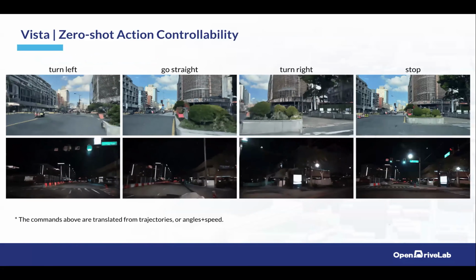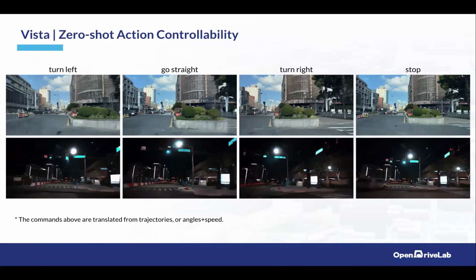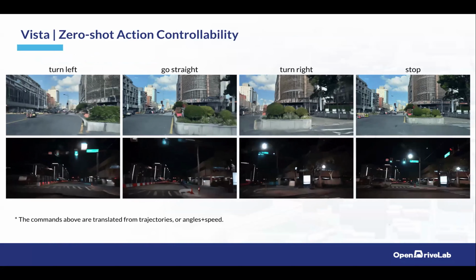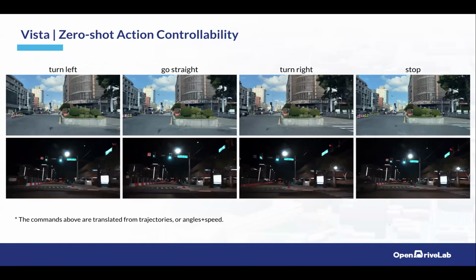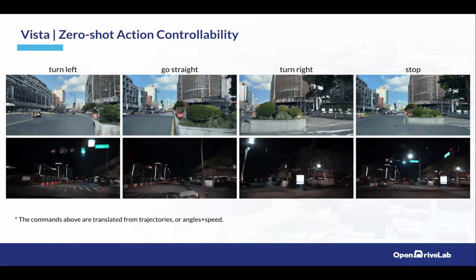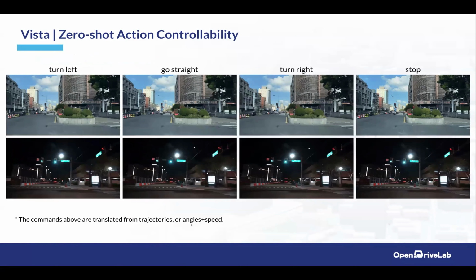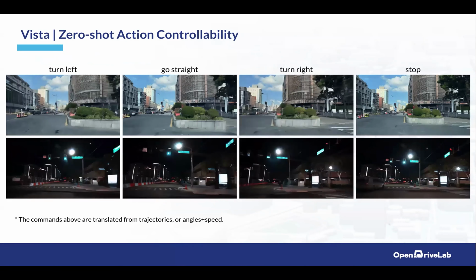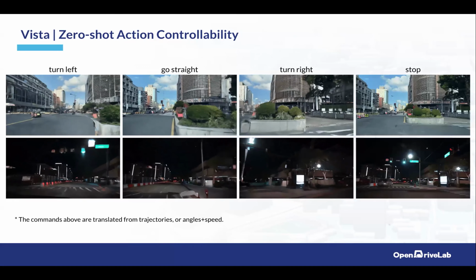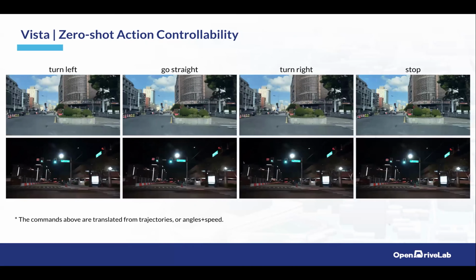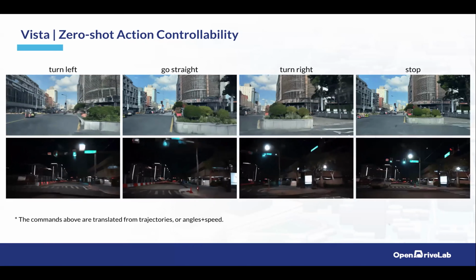Our actions are only available on nuScenes, but due to the co-training strategy, we can zero-shot our actions on YouTube data. From this YouTube data, we can give high-level commands or specific trajectories or angles and speed, and it can predict corresponding videos based on these actions.